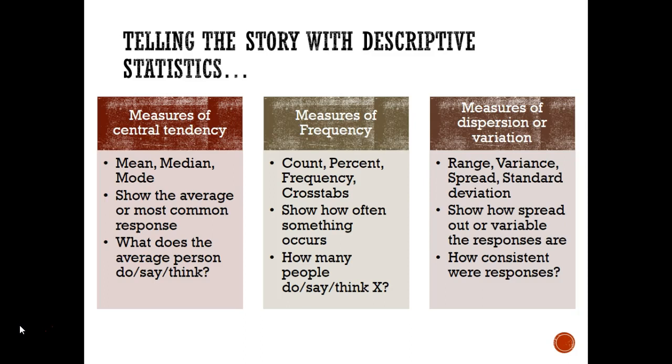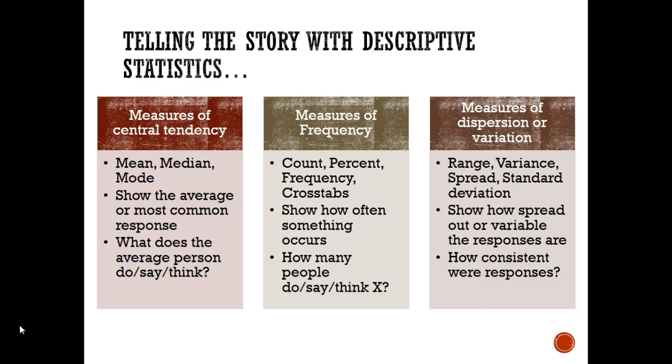It's basically literally saying how many people are doing something or saying something or thinking something. So as the first one is looking at what the average person does, measures of frequency is looking at how many people did it, regardless of if they're average or not average.